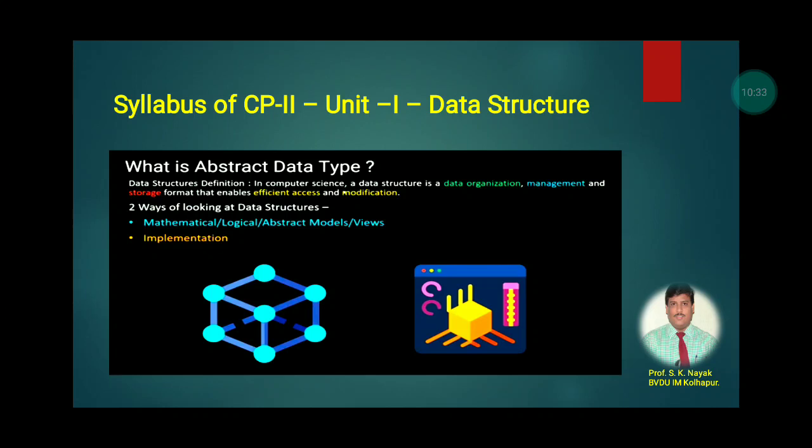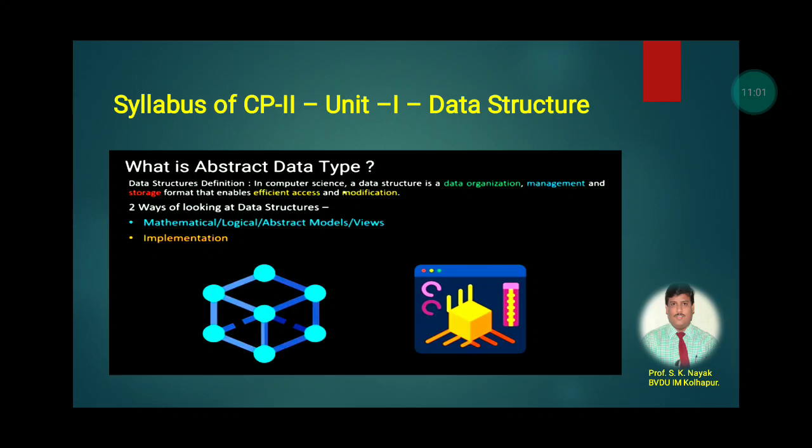But when we are talking about implementation, that concept, that view, that abstract model can be converted into a programming language. Through a programming language, we have to prepare a code which can be executed by a system, a compiler or interpreter, and it gives you the intended result.